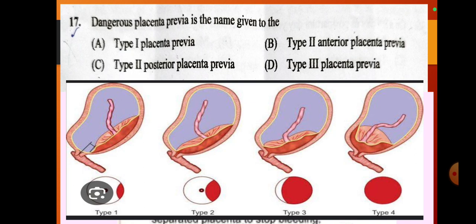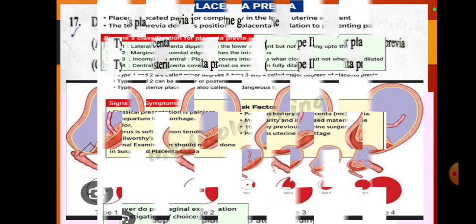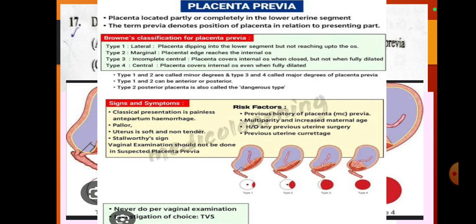There are type 1, type 2, type 3 and type 4 placenta previa pictures. Placenta located partially or completely in the lower uterine segment is called placenta previa. The term previa denotes position of placenta in relation to presenting part.